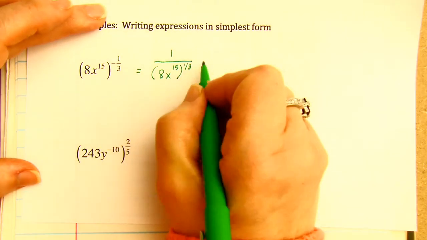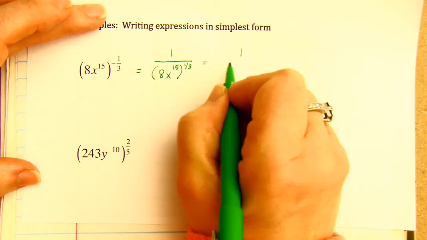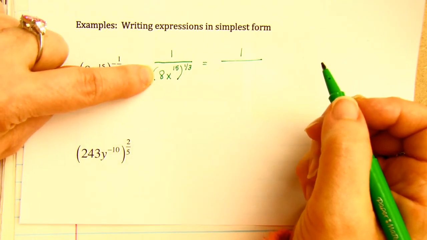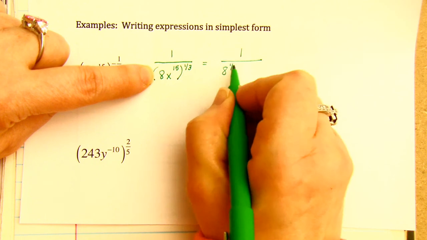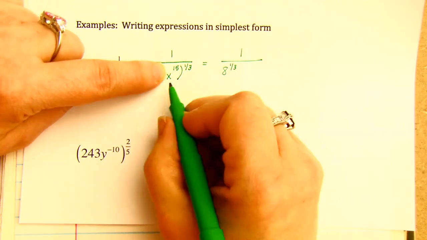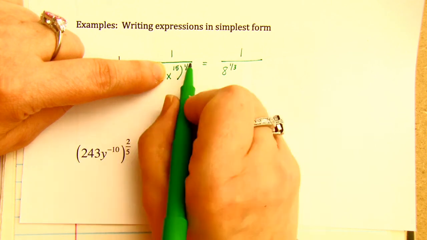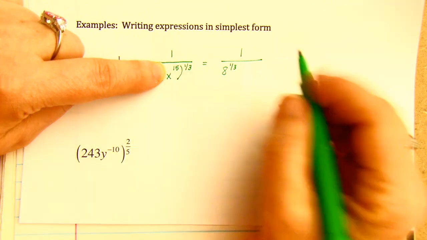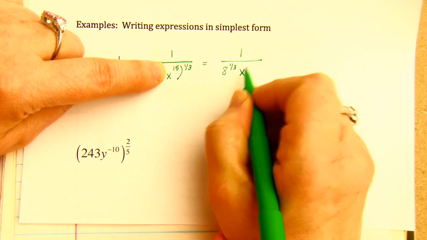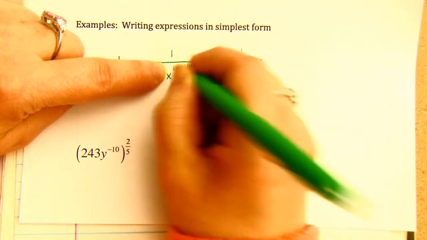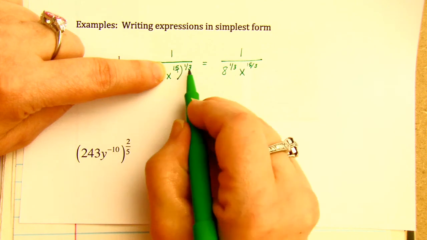All right, next step, 1 over. This is 8 to the 1/3. And this is x to the 15 times 1/3. When you multiply these, you're going to get 15 thirds. Right? Because that's over 1, right? 15 times 1, 1 times 3, 15 thirds.